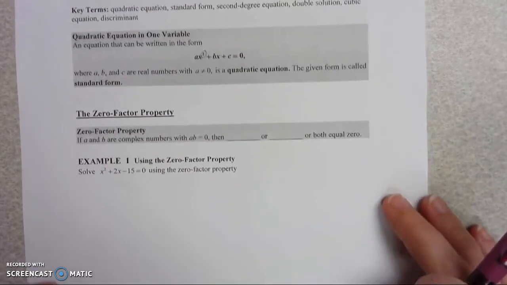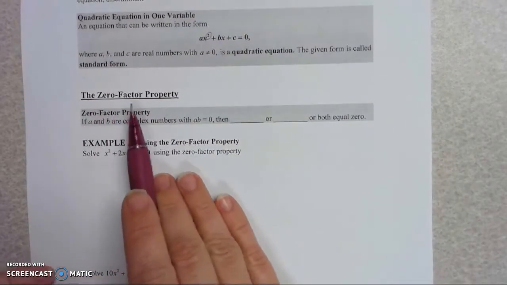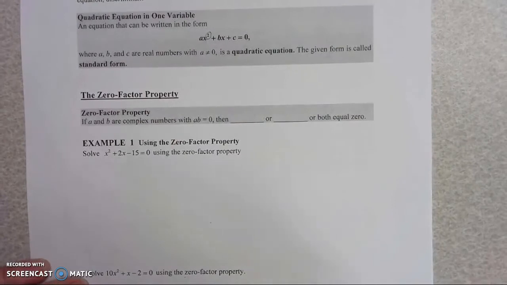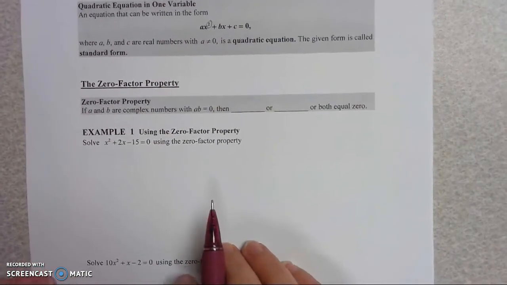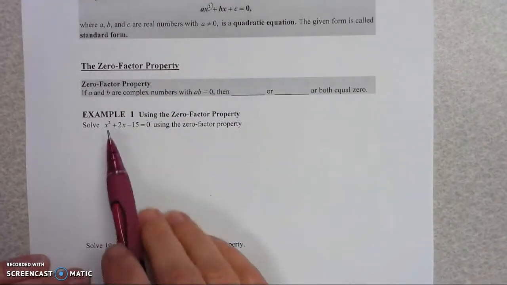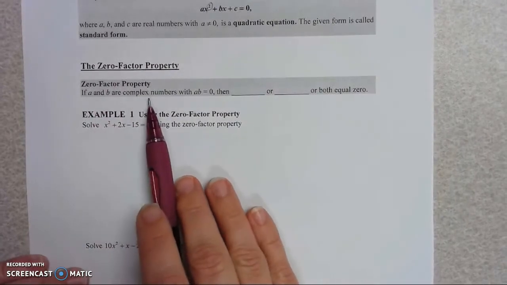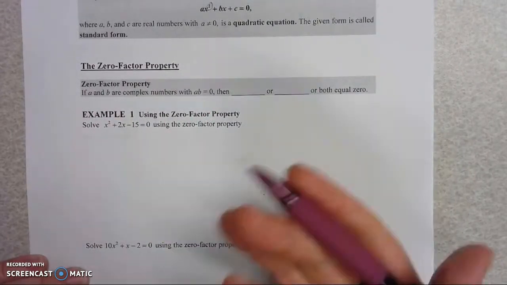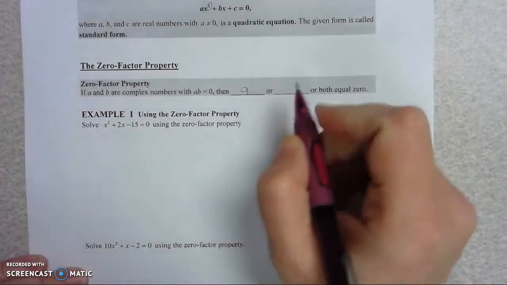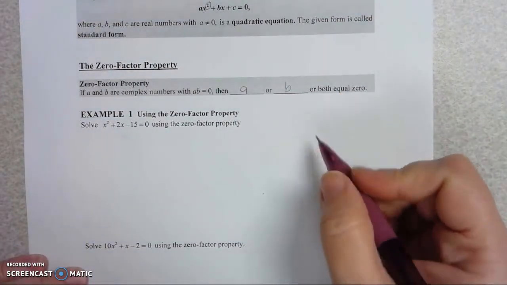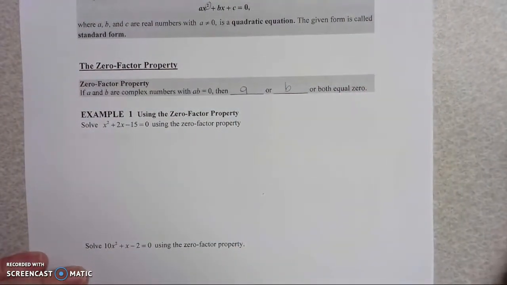One of those is the zero factor property, and so this is where that factoring comes in that we've been practicing. It says if a and b are complex numbers with ab equal to 0, then what that means is either a equals 0 or b equals 0 or both of them equal 0.